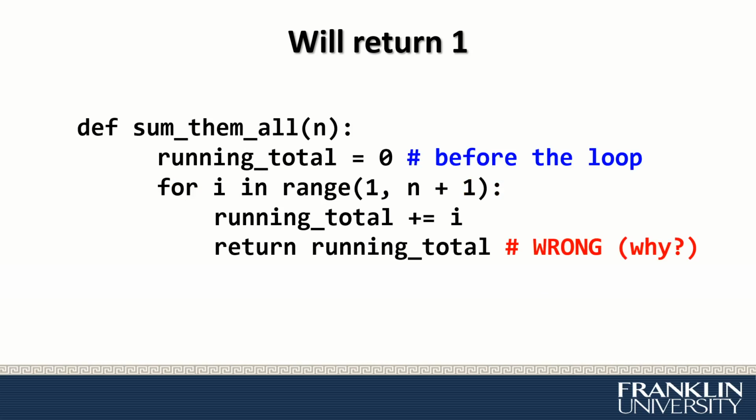And what is wrong here? What is wrong when you have the return statement inside the loop? What would this function return? Well, this function will return 1.